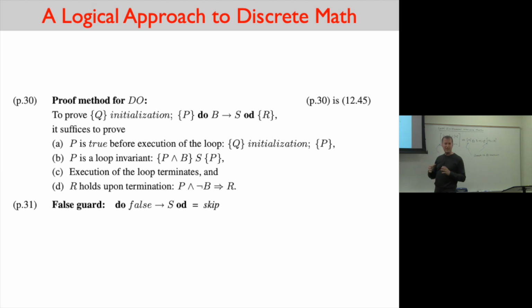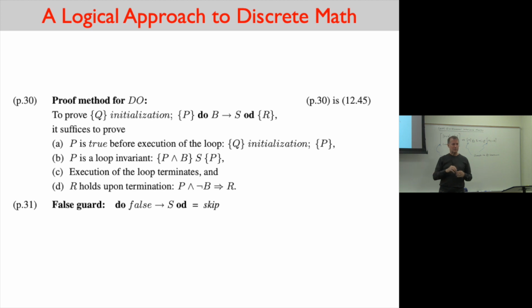Because typically what happens is, before you execute the loop the first time, you initialize, you set the state to make the invariant true the first time. And remember, in the example that we did, what was that first statement before we entered the do loop?